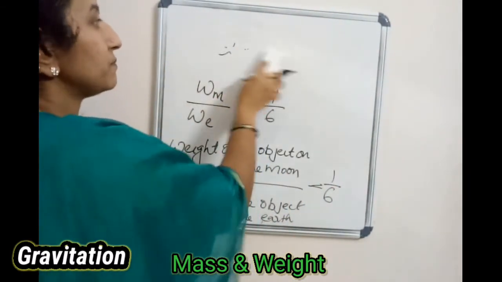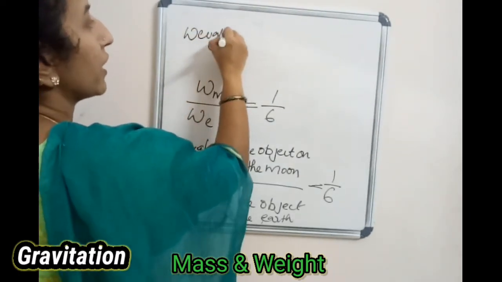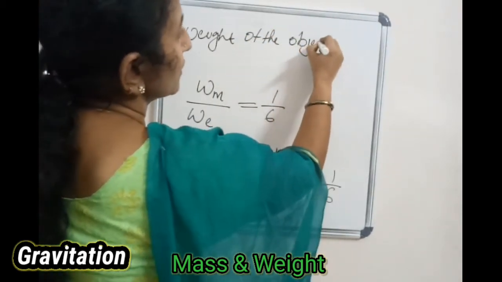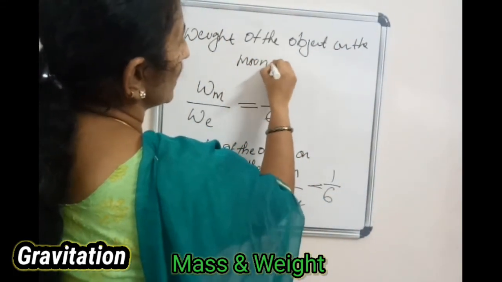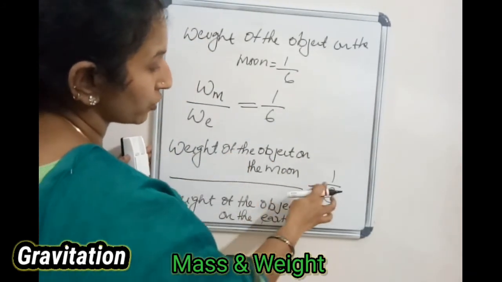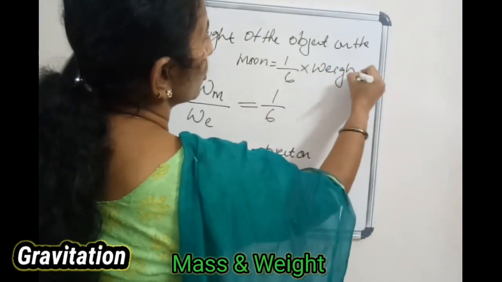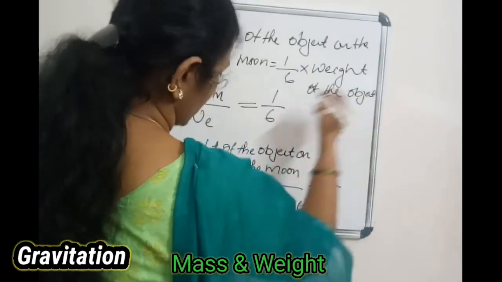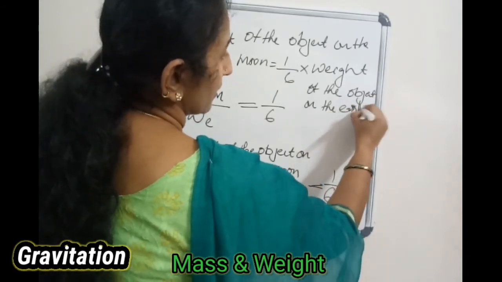That means the weight of the object on the moon is equal to 1 by 6 into the weight of the object on the earth.